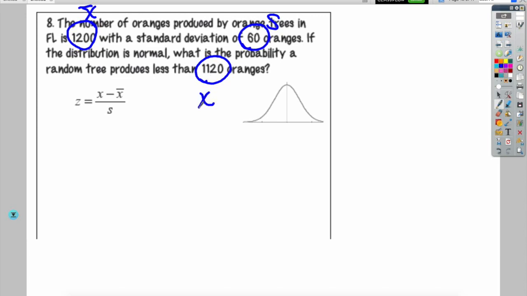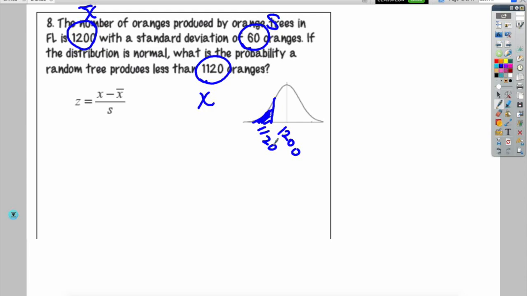So then that represents your regular X. So on a normal distribution curve with the mean of 1,200, standard deviation of 60, you're trying to figure out what is the probability that is going to be less than 1,120 oranges. That's essentially what you're looking for.